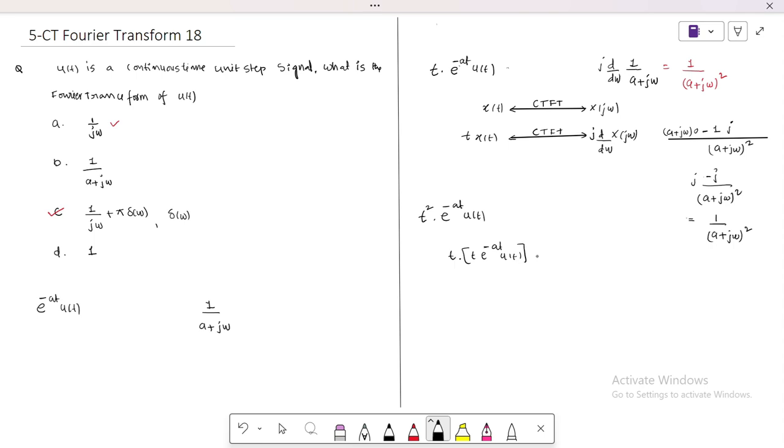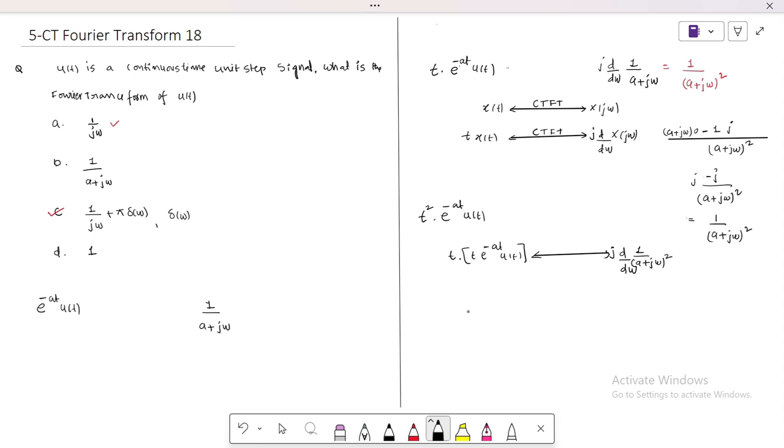Its Fourier transform equals j into d by d omega of 1 by a plus j omega whole square.